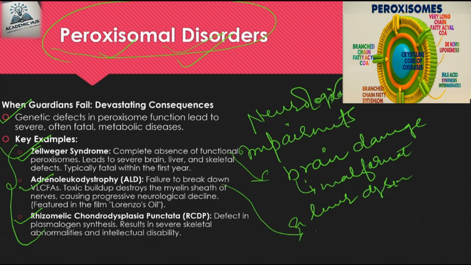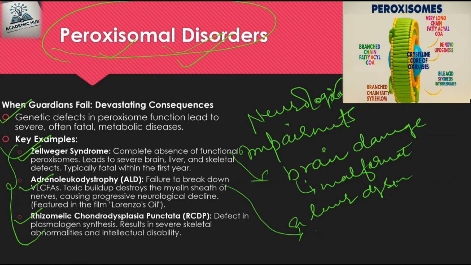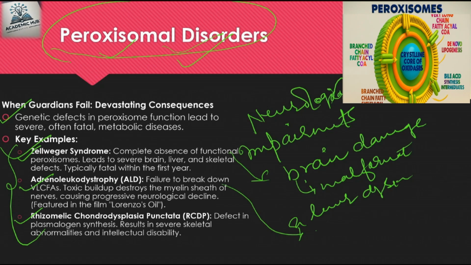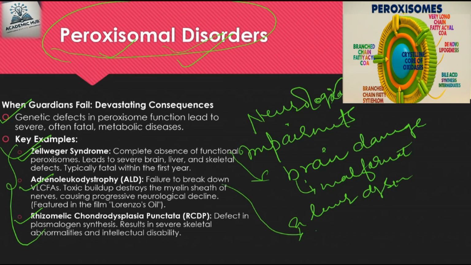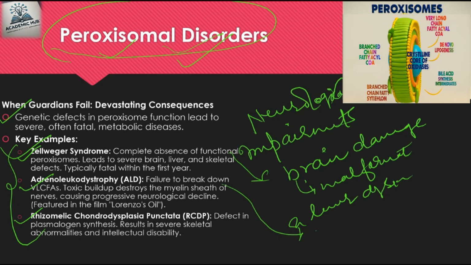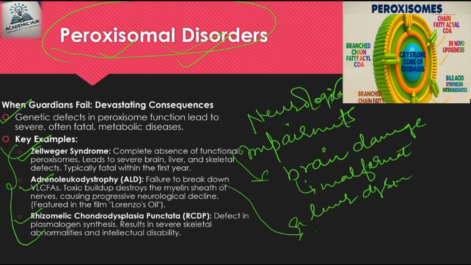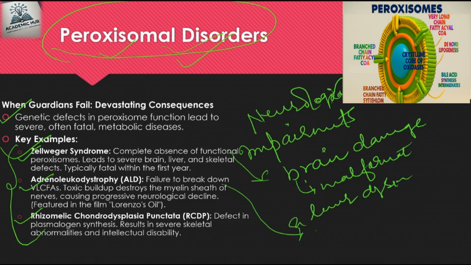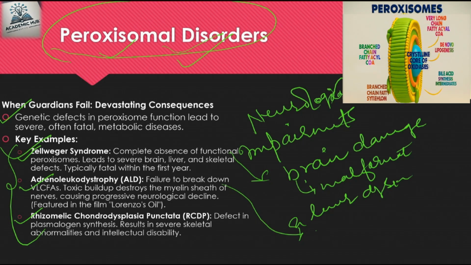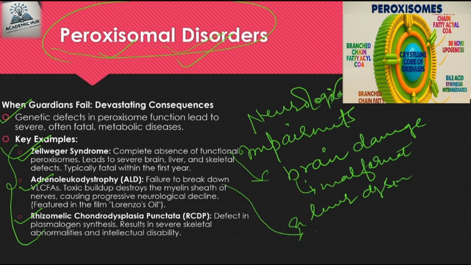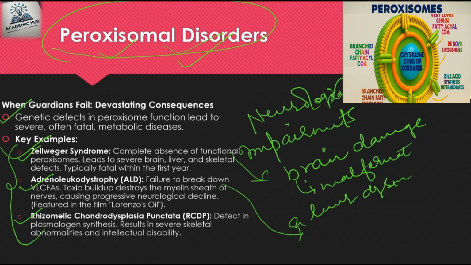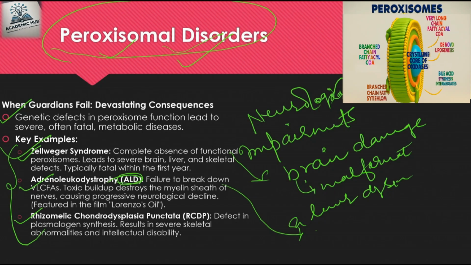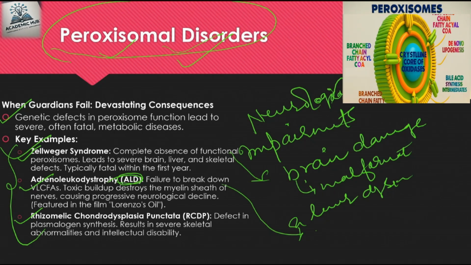Because they are not broken down, they accumulate inside the body, and these are toxic to the myelin sheath of nerve cells, leading to progressive demyelination, severe neurological decline, and muscle weakness. The well-known film Lorenzo's Oil is based on the true story of a family searching for a treatment for their son with ALD.